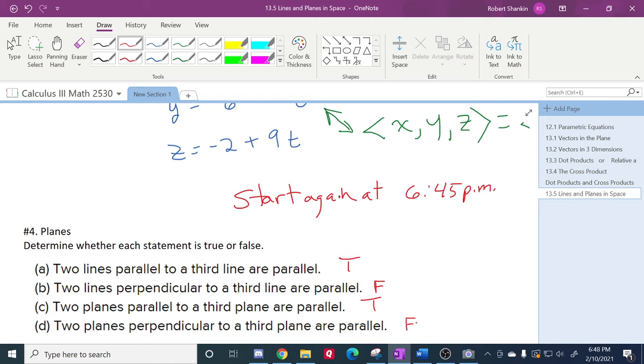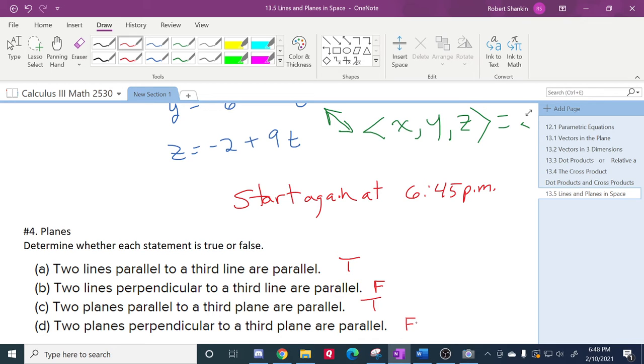Can anybody think of an example with 3 pieces of paper, or the desktop and 2 pieces of paper, that would show that this is false? Or maybe it's true if we can't think of a counterexample. I have one.